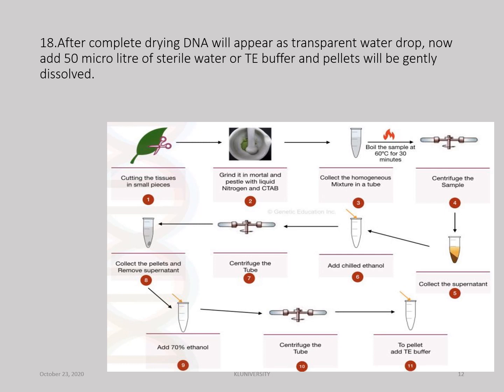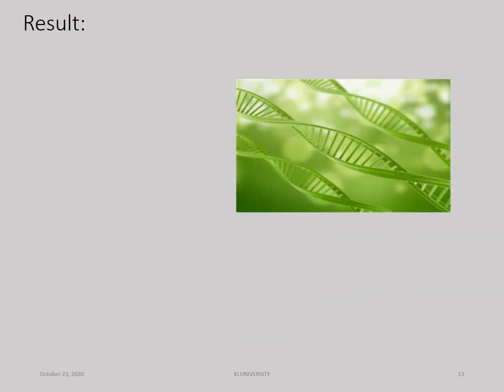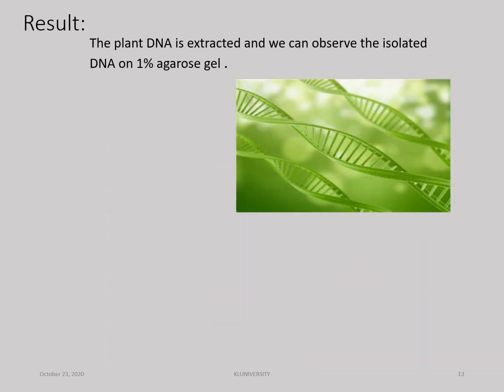After centrifuging, collect the pellet and remove the supernatant. To this add 70% ethanol and centrifuge the tube, and to the pellet add TE buffer. So finally, the plant DNA is extracted and we can observe the isolated DNA on a 1% agarose gel.